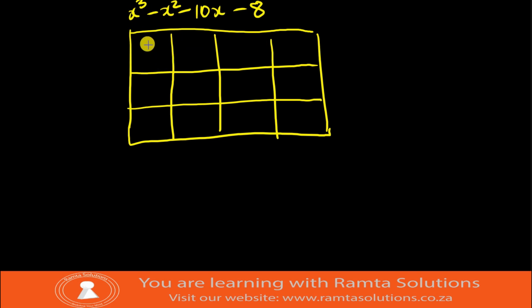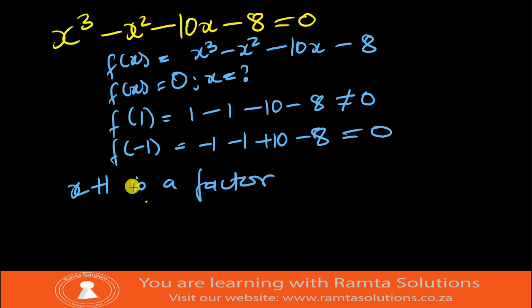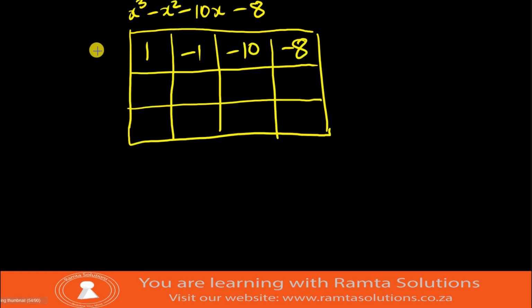The coefficient here is 1, here it's minus 1, and here it's minus 10, and then the constant is minus 8. We said x plus 1 is a factor. So this means on f of x, we substitute x equals minus 1. So I advise you write that here.